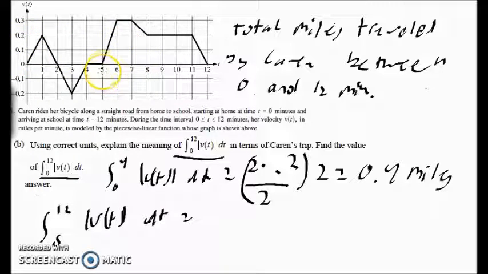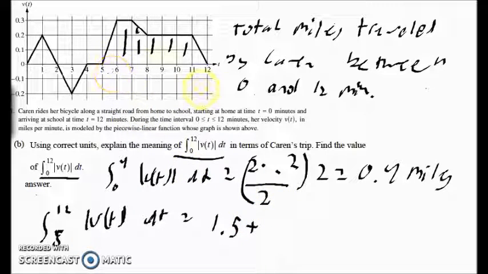And as we continue for the integral from 5 to 12, you can count the number of boxes here. That's 3, 5, 7, 9, 11 and a half here, which in this case would be not 11 and a half miles, but 1.5 miles.